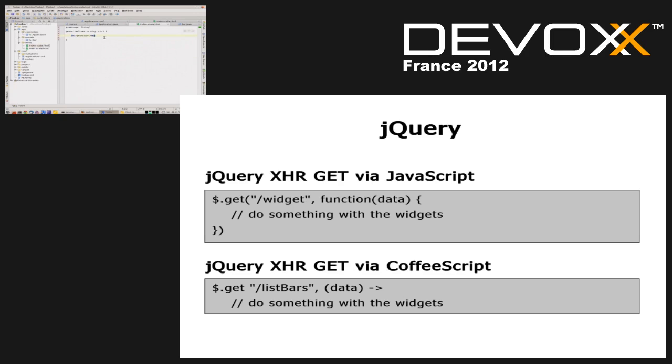Now let's real quickly go add in a form here onto our page. So I'm going to do a form. The action is going to be routes.Application.addBar. There we go. And then it's going to be method post.